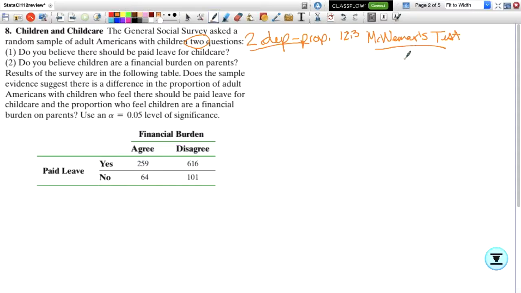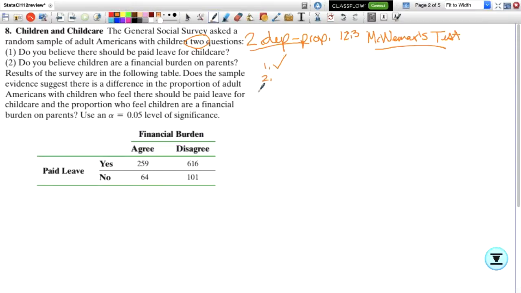Okay, so if we are going to run that test, the first thing we need to do is make sure that it is dependent and random. We know it's dependent because they're asking 2 questions to the same people. And they do say that they asked a random sample of adult Americans. So 1, it is dependent and random. We're good to go.